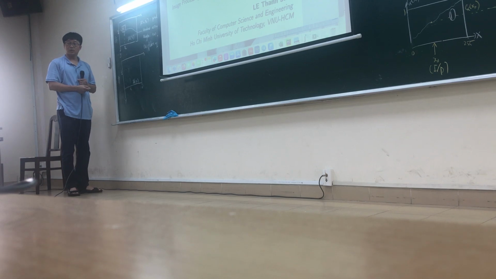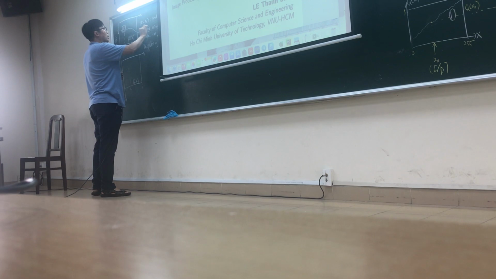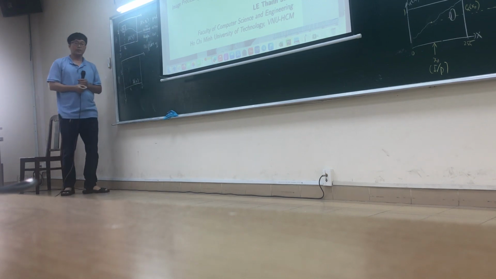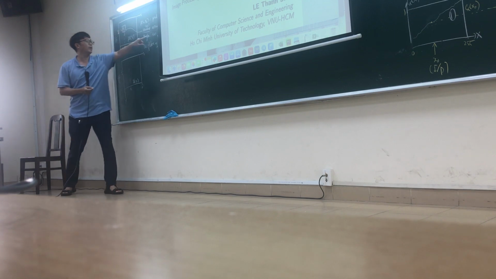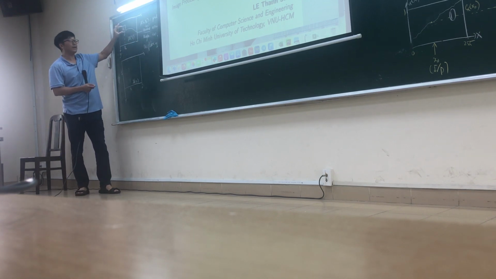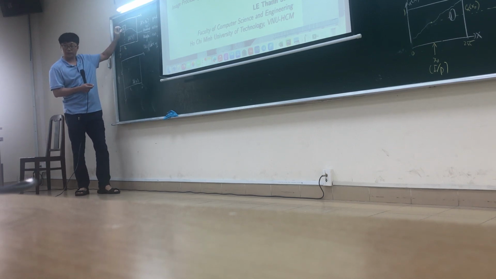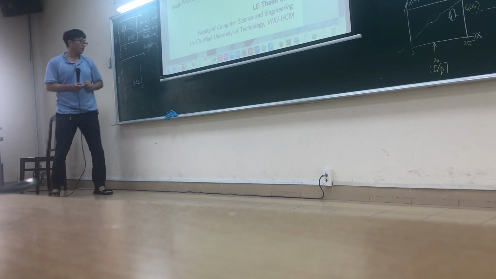Okay. Here I define the window, and we call it W. W contains how many pixels? If 3 by 3, the window contains 9 pixels inside. If 5 by 5, 25 pixels inside. That is what I define by W.